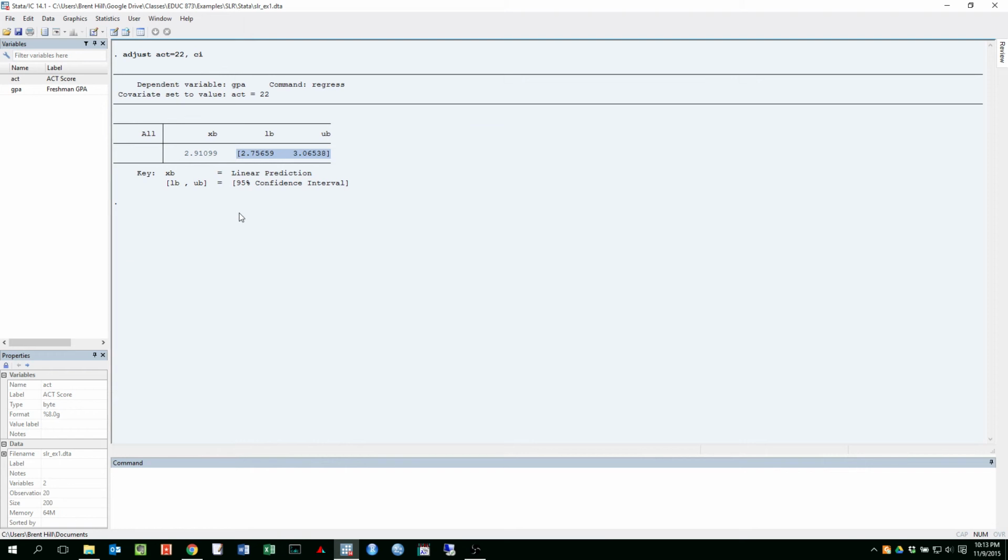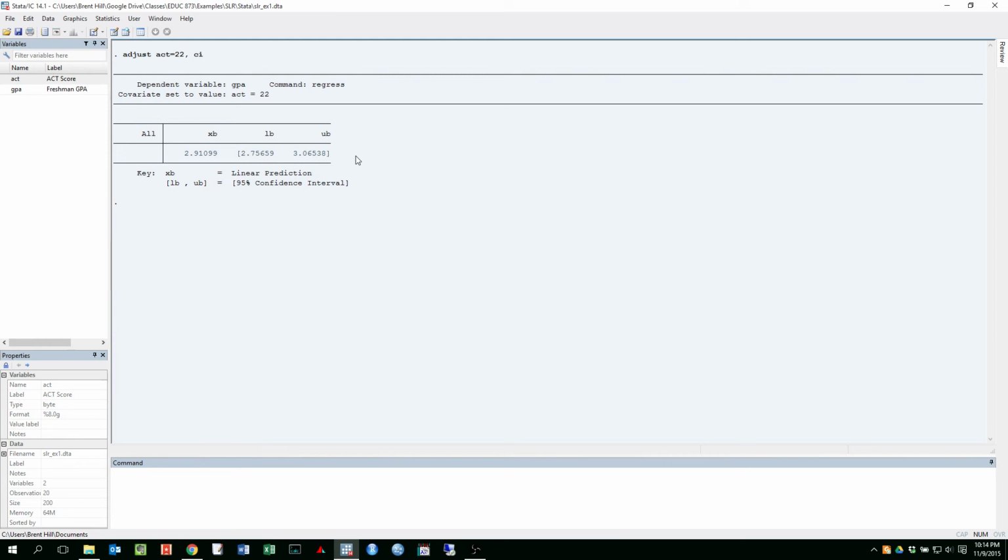The more accurate interpretation, which really isn't necessary for homework or anything for us, but if you want to talk about it in a more precise way, you could say that if we were to repeat this study numerous times in the exact same way and produce a confidence interval in the same way with new data, we'd roughly capture that conditional mean of GPA at ACT equals 22 95% of the time.